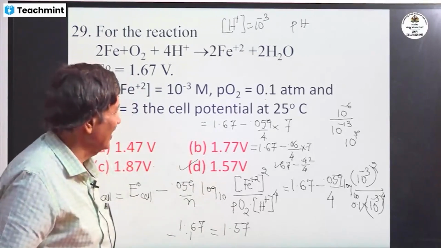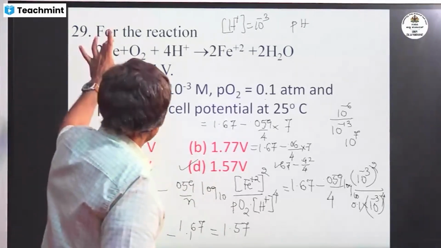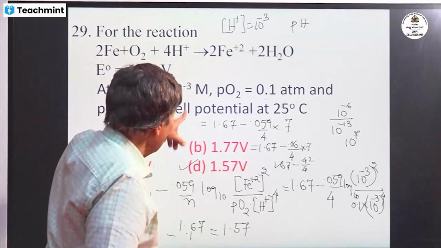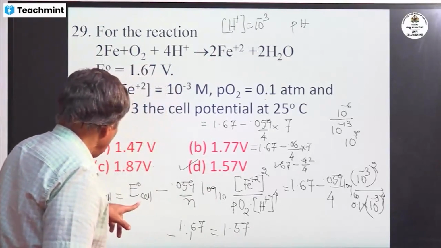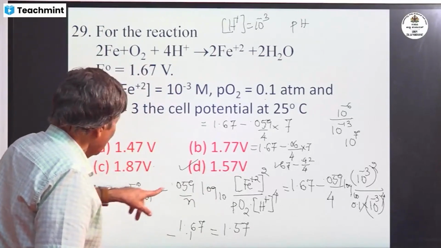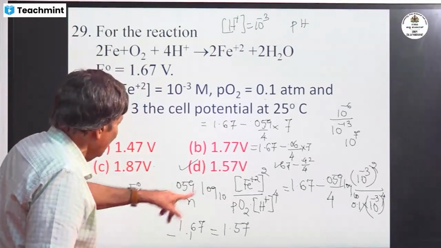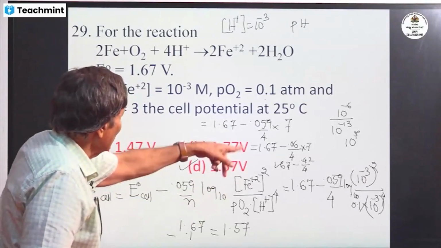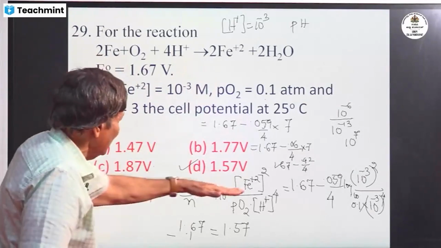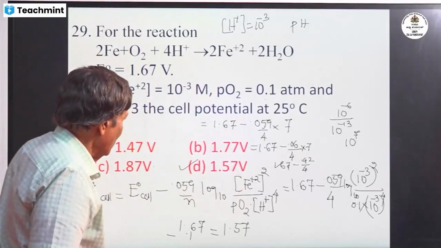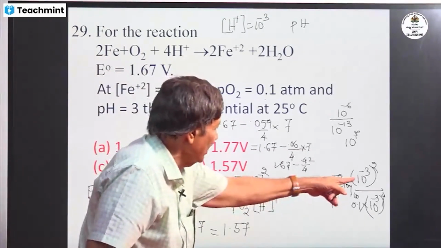Explain it again. See the formula. Write an equation for the E cell. E cell is equal to E naught of the cell minus 0.059 by n log to the base 10. What is there in the right side comes in the numerator, what is there in the left side comes in the denominator. Then I substituted the values here.